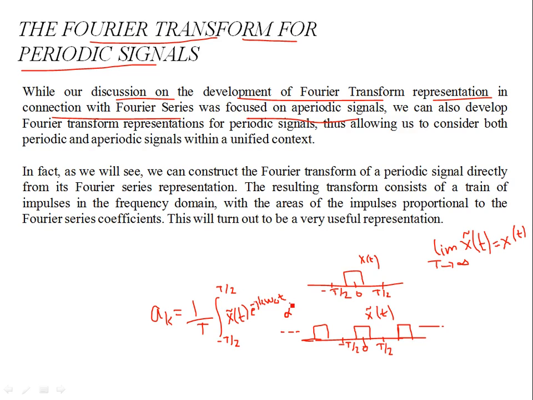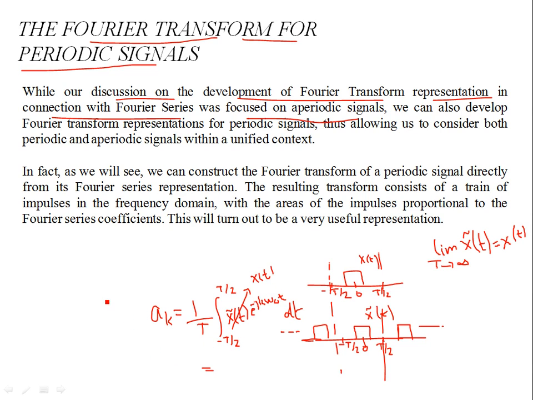Within this limit, instead of x tilde(t), we can replace this expression with x(t). Within this time period, there's no difference between x(t) and x tilde(t); you have the same pulse.